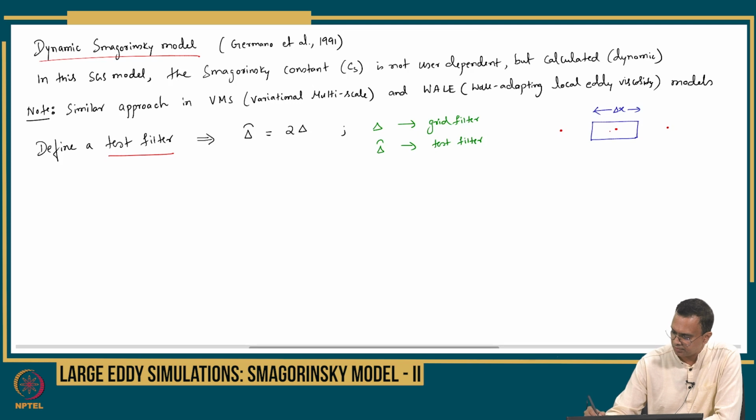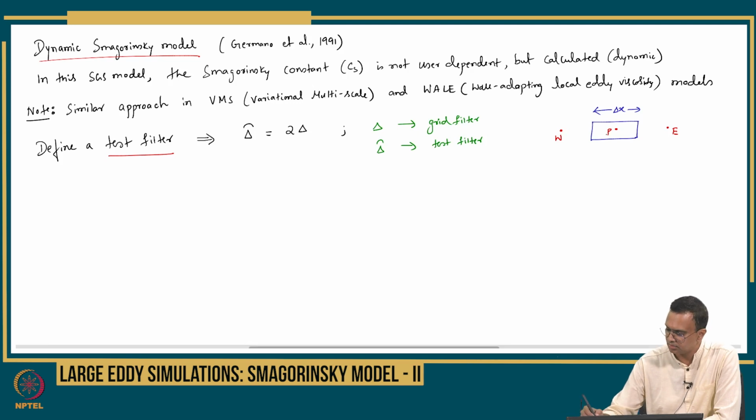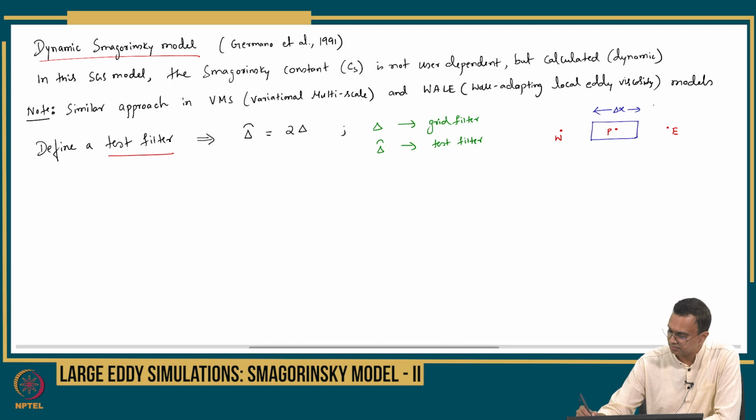Those who are familiar with finite volume terminologies, I call it the P node, east node, and west node. So what I have written as delta x is the grid filter size.